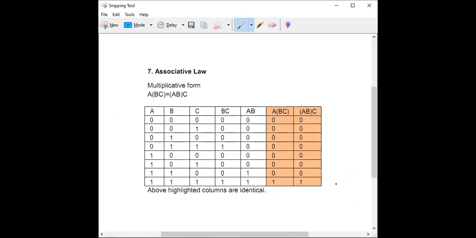This is called the associative law. A dot B dot C equals A dot B dot C, right? There's another thing called the additive form also. I will show it later. So this is under the associative law, and this is the multiplicative form. Take it down also.